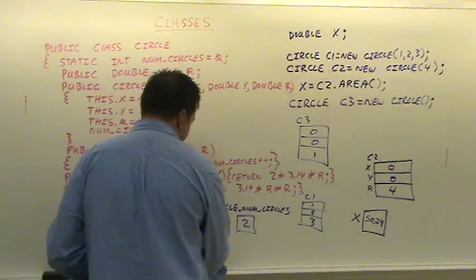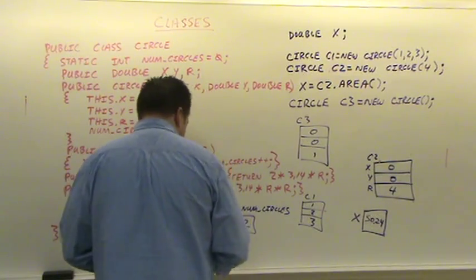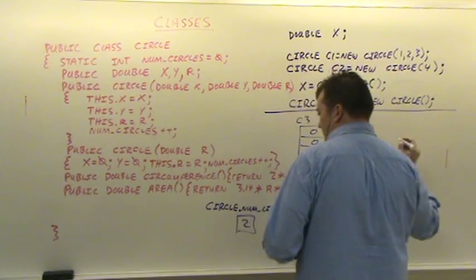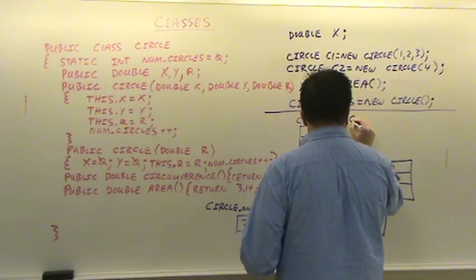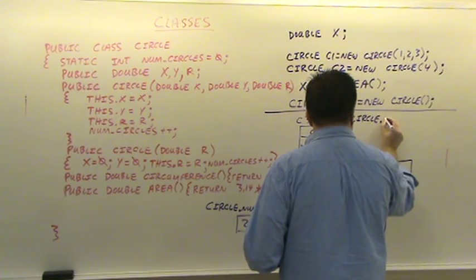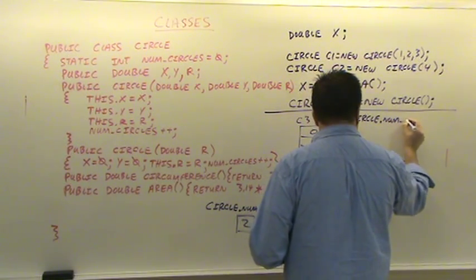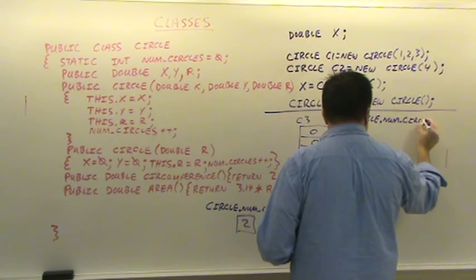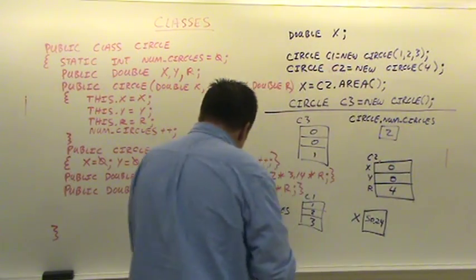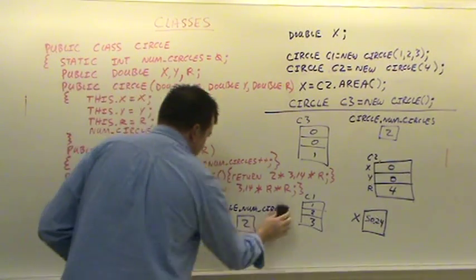And then we want this counter. Let me move this variable over here. So here's our storage, and we have circle, num circles. Now this is currently set to 2 because we're keeping count of how many we've created.